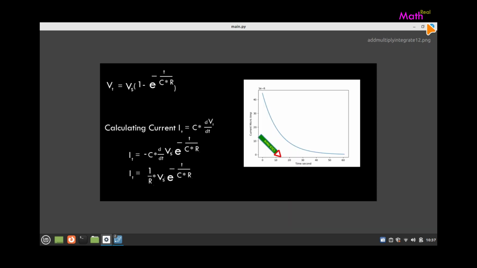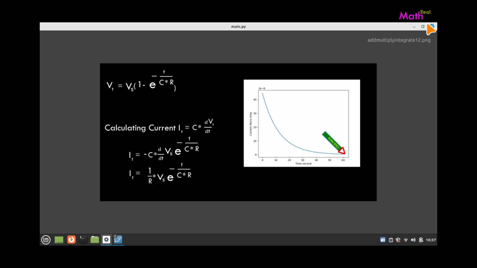Now we know the capacitance, the resistance, and the Vs. So the theoretical current would be like this with our mathematics. The beginning would be around 44 microampere, and it would proceed and later become 1 or 0. This is the theoretical current that we are calculating.